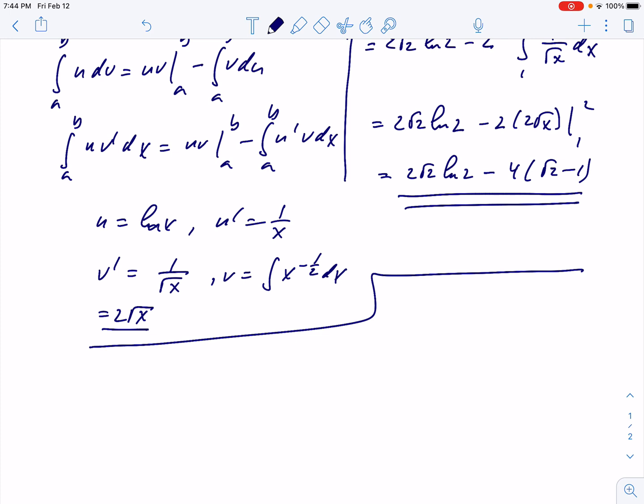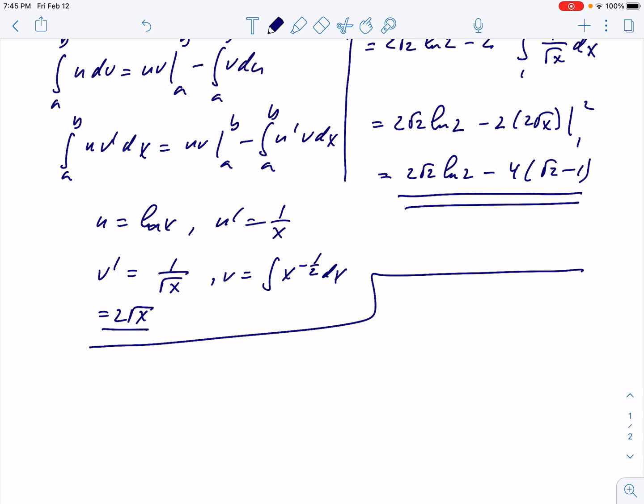If you evaluate this on a calculator, it will give you an approximation. Square root of 2 is not a rational number. You cannot represent it like some exact fraction. It will be a decimal and it will be an approximation, because the calculator can go like 10 digits, not more. Same situation with logarithm 2. It's not a rational number. This is the only way to write this value in exact form.